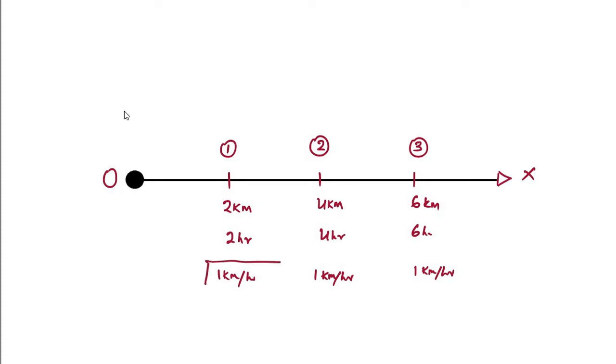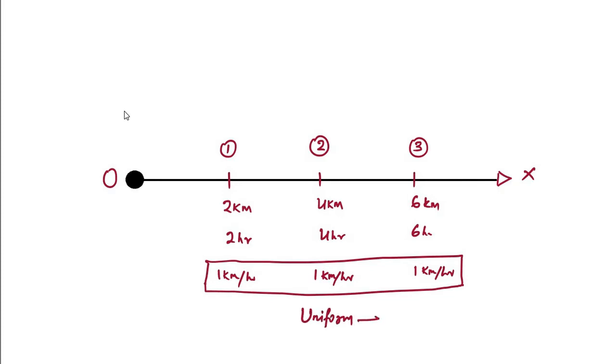So the velocity of the object remains constant, uniform, so we say this object is traveling with uniform velocity.